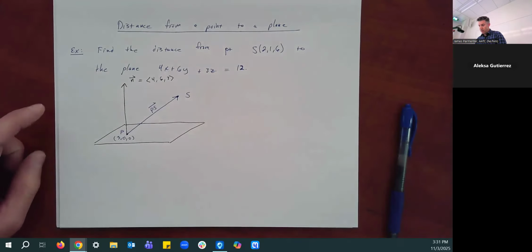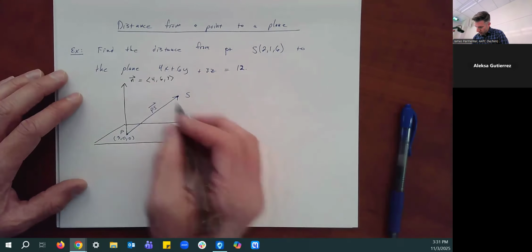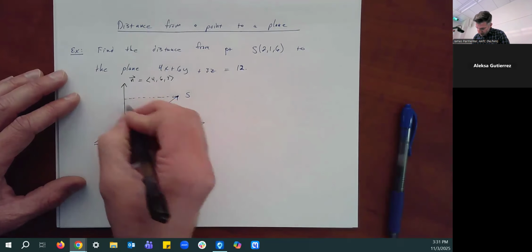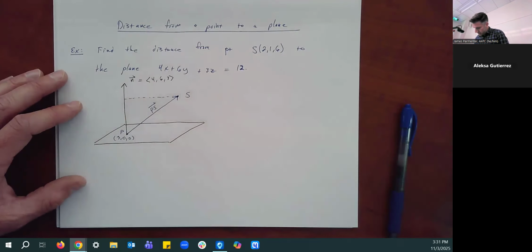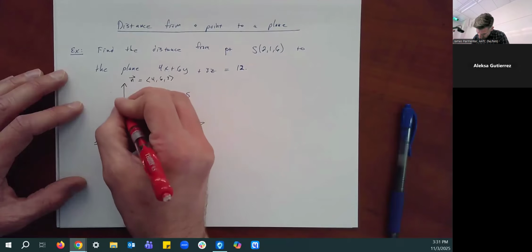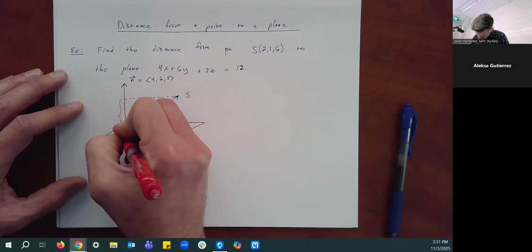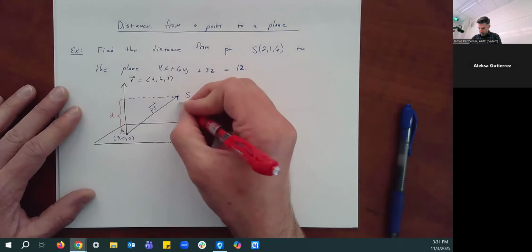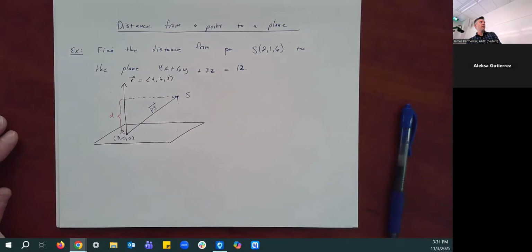And now, this is always the part that used to throw me off. We're trying to find this distance here. Right? It's the same as this distance over here. I just didn't draw it over there.